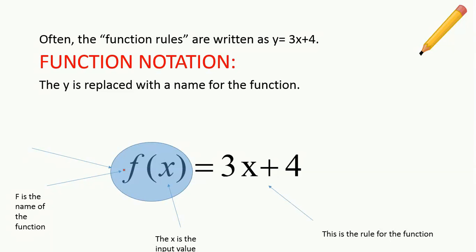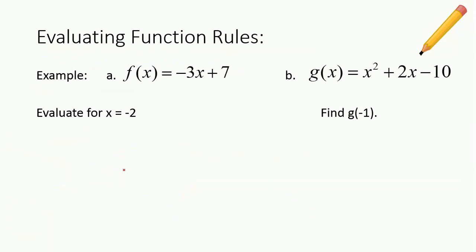Basically, that is not f times x. That is the value of f at x, or f of x. I'm going to use f of x very commonly. That's how I'm going to say it. But if you need to think of it as the value of f at x to help you not do that multiplication thinking, by all means, whatever works for you.